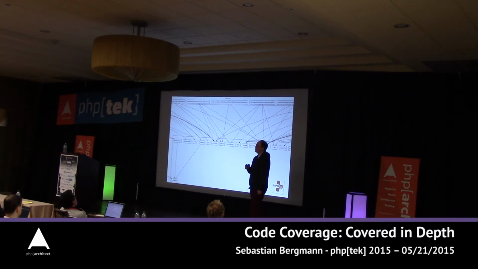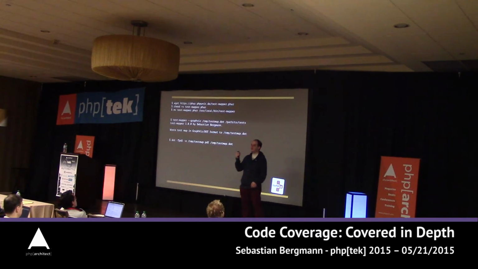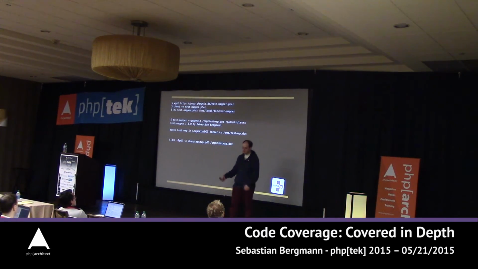I'm still not sure if that is useful, but it served the purpose of making a boring train ride less boring. It took me like 1.5 hours or so to implement, parse the code base, look for the annotations, build the data structure, and then visualize it using GraphViz. I haven't touched the code since. It's available on GitHub. If you think that this could be useful, you're welcome to use it or to build upon it or whatever. It was useful for me to pass the time on the train.